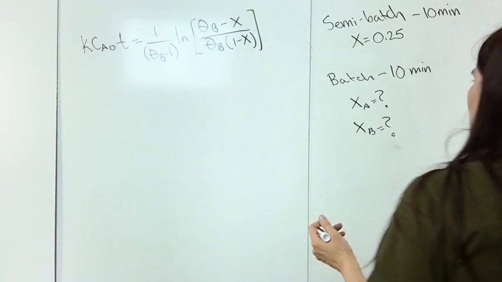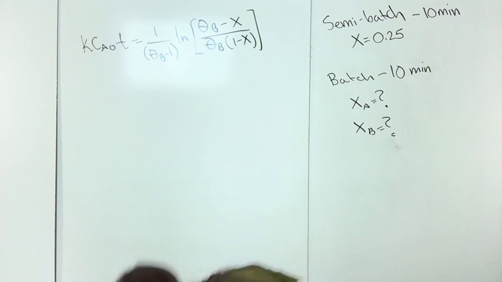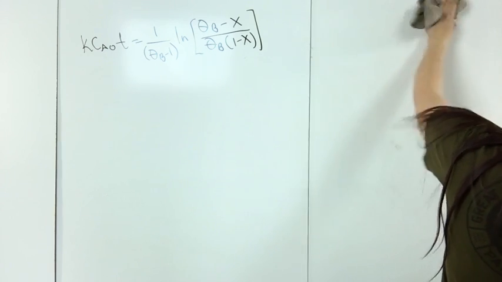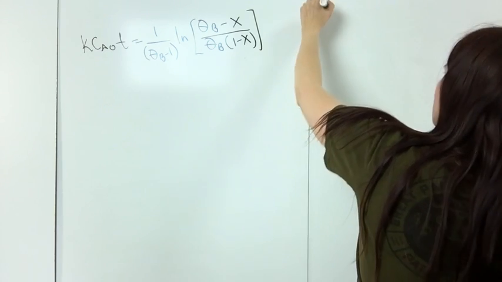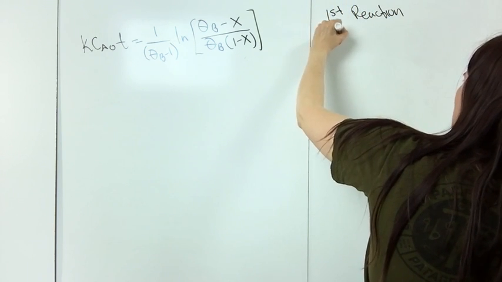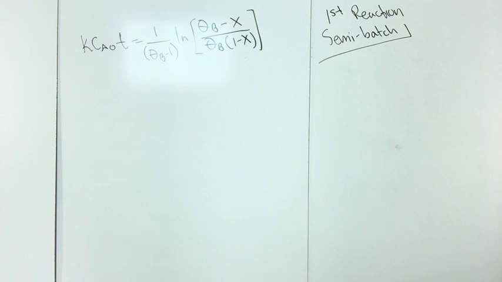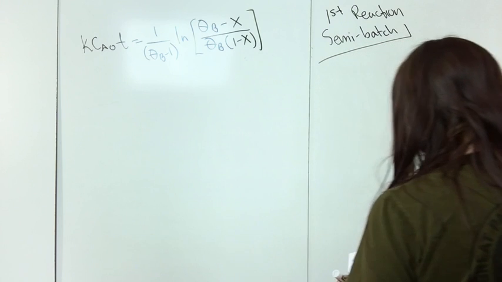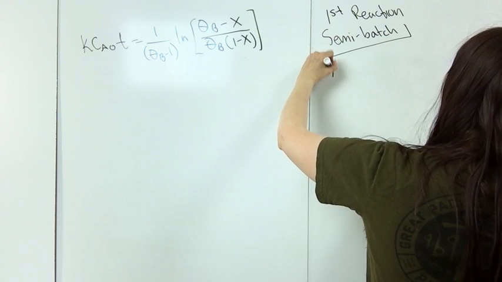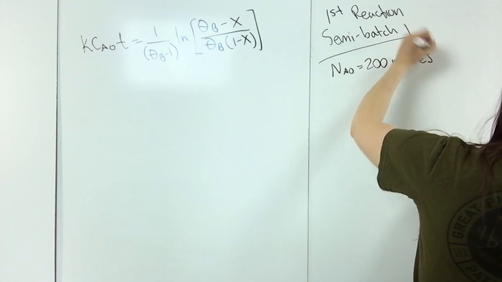So we already know what C_A0 was, and I'm going to actually write this down because this is where I got kind of confused before. So for the first reaction, this was the semi-batch. We know that N_A0 was 200 moles.